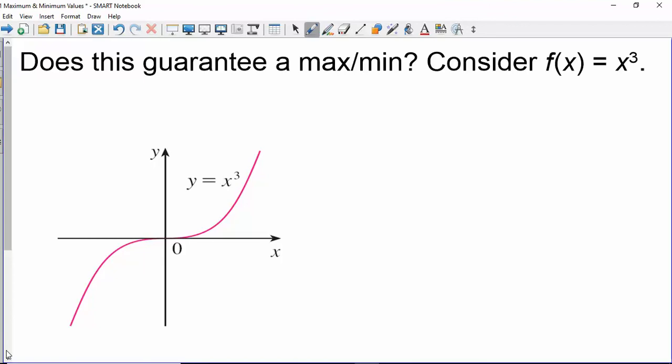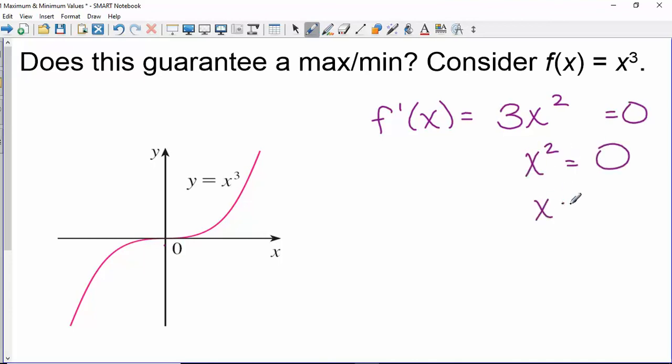Is it possible to have a horizontal tangent line and not a maximum or minimum? If you think about x cubed, if you did the derivative, what's the derivative of x cubed? 3x squared. I want to know when that equals 0. So if you divide by 3, x squared equals 0, so what's x? 0.